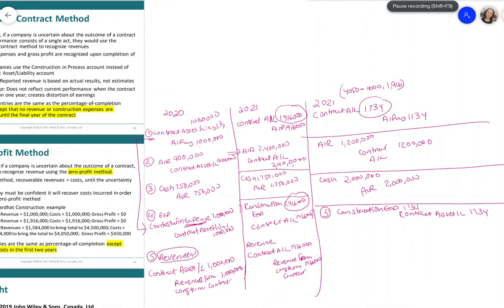So in this case, the revenue will be 1,584,000. Now we're allowed to record the full revenue here because now we have to record the profit. So you have a contract asset / liability of 1,584,000, and then you're going to record your revenue from long-term contracts.